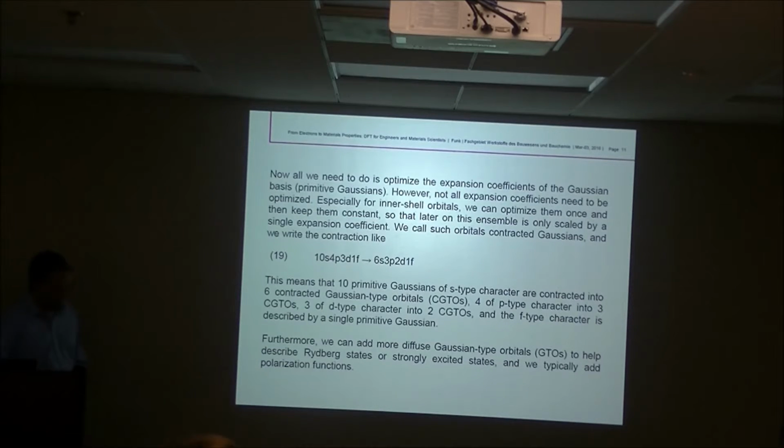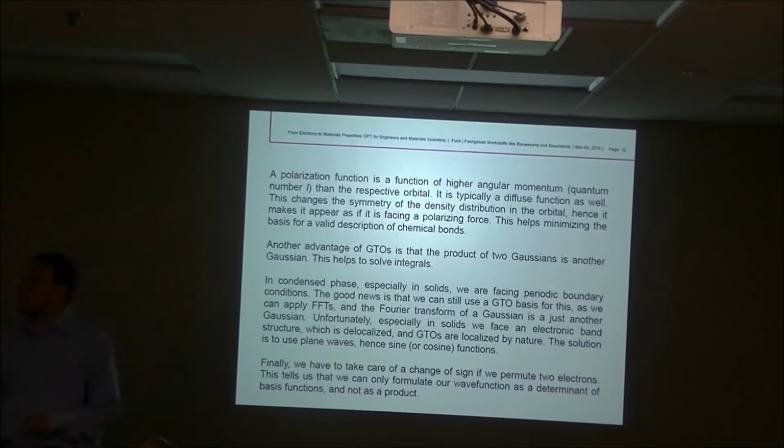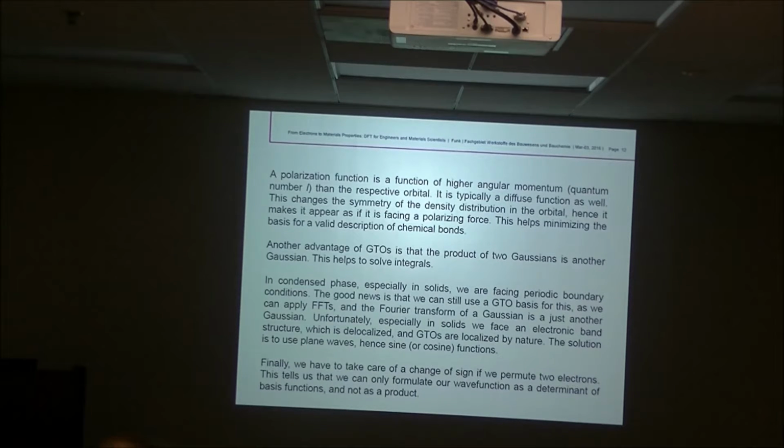And furthermore, we have polarization functions. Well, the polarization function is something, we take a function with higher angular momentum than we actually have in this orbital. And this polarizes. I can show this for an s orbital, which is pretty simple.